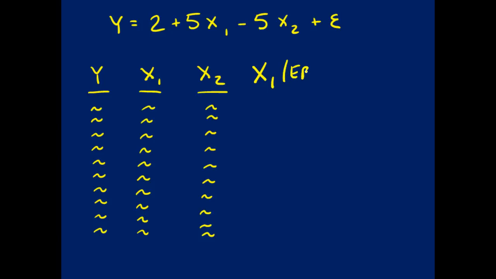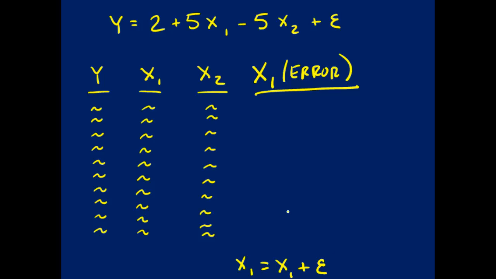error. And the way I'm going to define x1 error is that I'm going to take the original value of x1 and I'm going to add another random error to it. So the original value of x1 plus a random error which has a mean of 0 and a normal distribution.